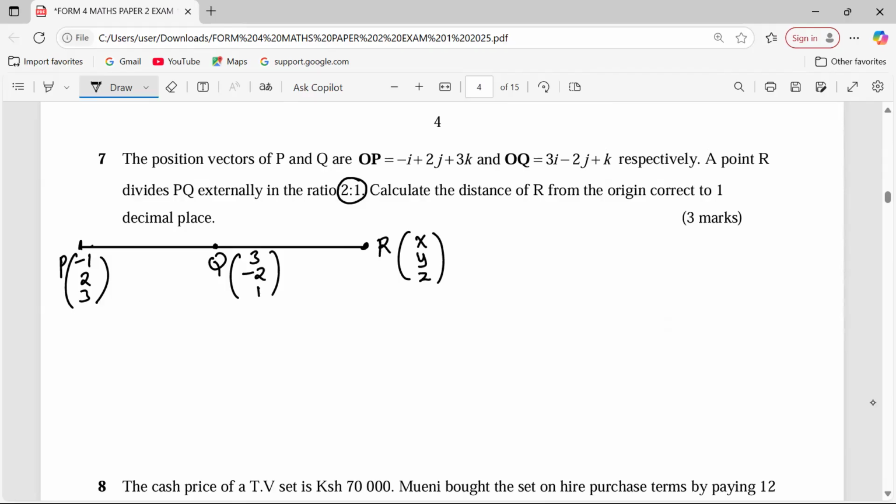That is the meaning of external division. So there is 1 unit here and there is 1 unit here. In other words, if it was Q to divide PR, then it would do so in the ratio 1:1. In other words, it is the mid. Q is the mid.